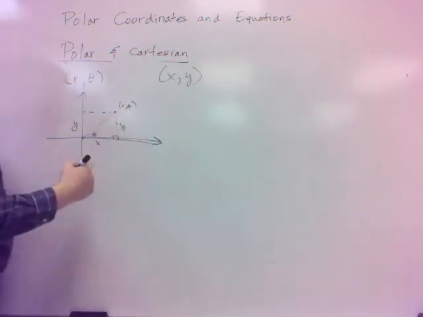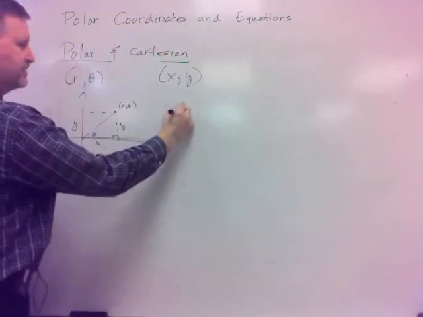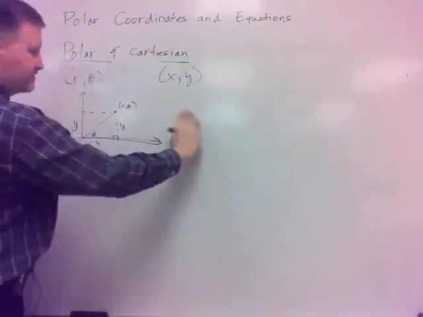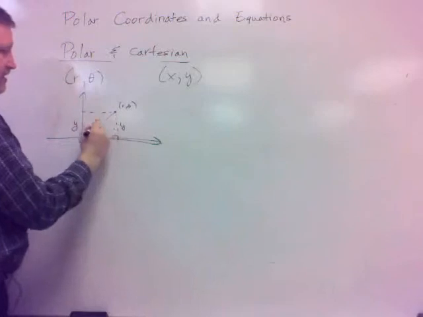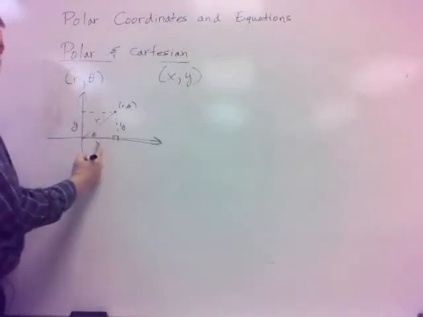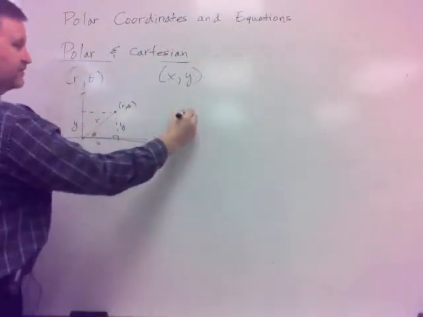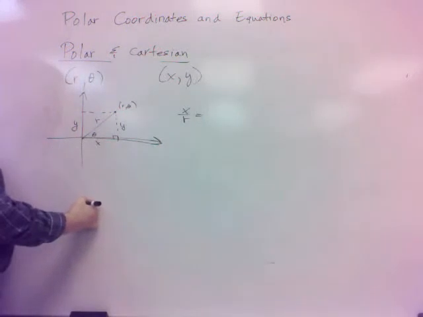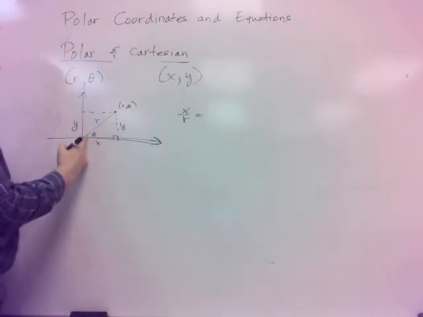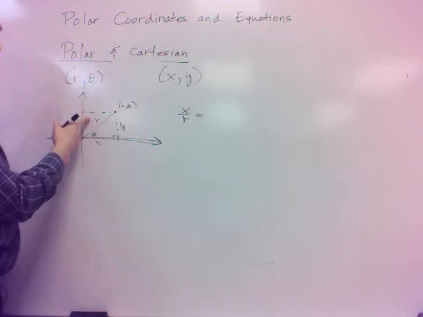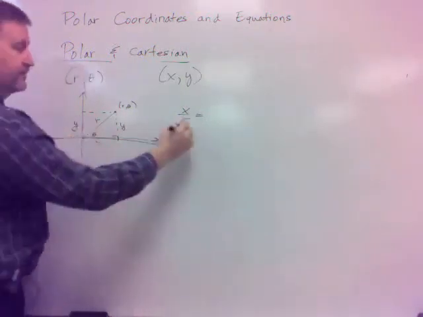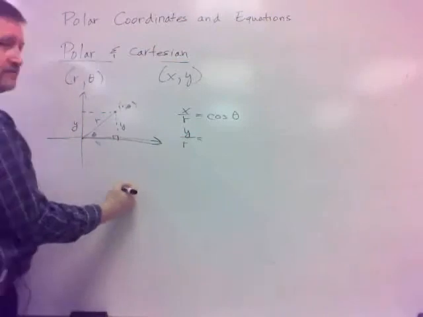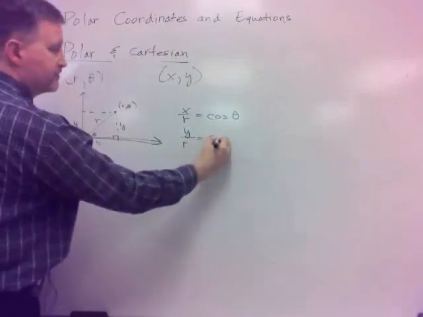So in terms of r and theta, what would x be? Well, let's do it this way. Wouldn't this be r? So wouldn't x over r, well, what is x over r? Well, it's a trig ratio, right? X over r would be cosine, wouldn't it? And y over r would be sine, wouldn't it?